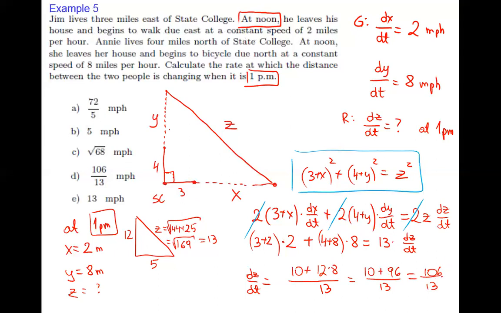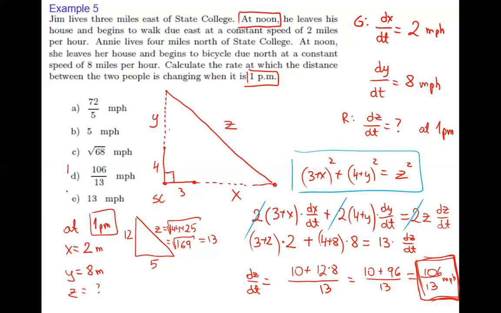And the rate of change, of course, is like speed, miles per hour. I think I did my arithmetic well, and 169, of course, is 13 squared. That means that's the correct answer.